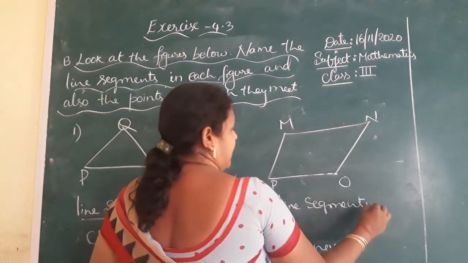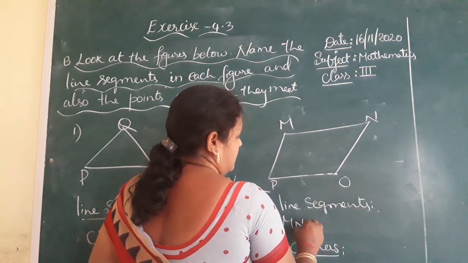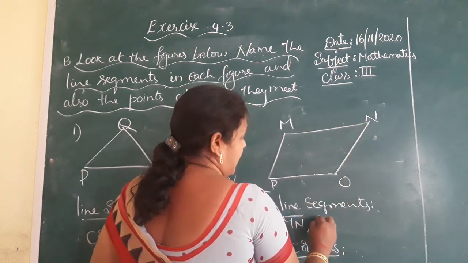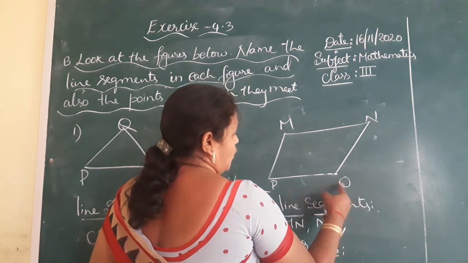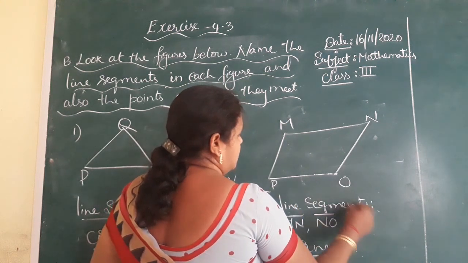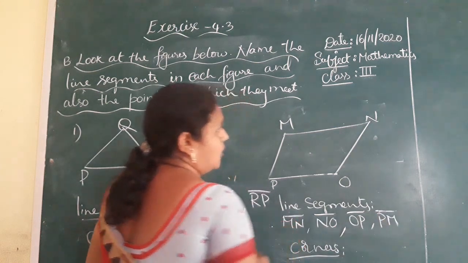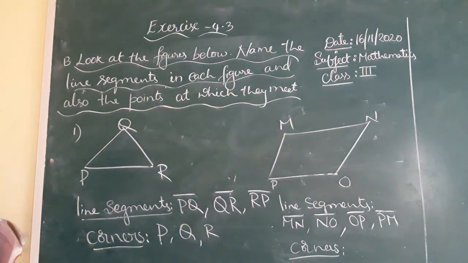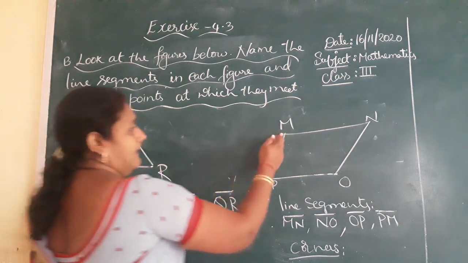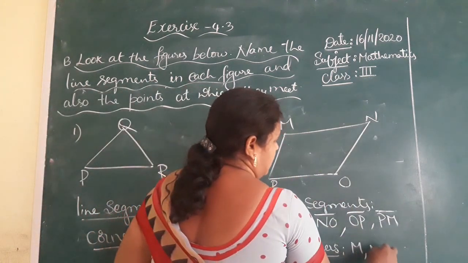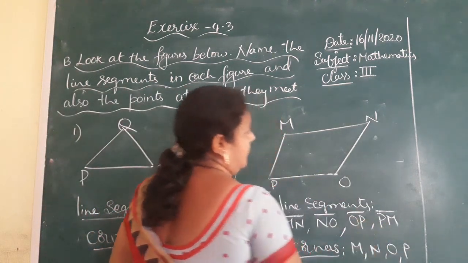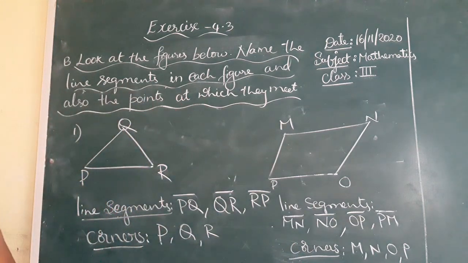M to N, one line segment. Next N to O, one line segment. O to P, one line segment. P to M, one line segment. So what are the corners to write here? M, N, O, P are the 4 corners in that figure.